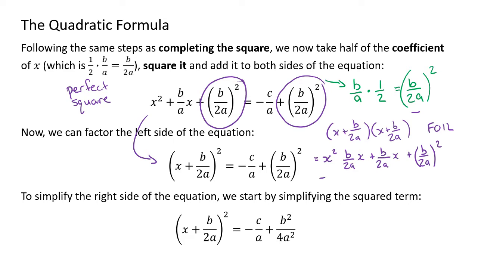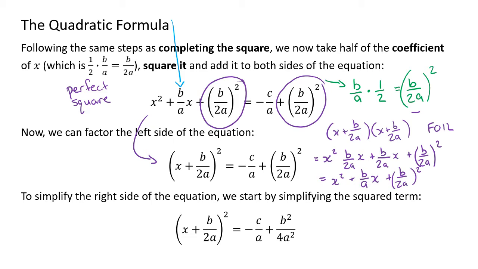So simplifying this, you get x squared. Adding these two terms, you're adding b over 2a and b over 2a. That just becomes b divided by a, because you're adding two halves together, plus b over 2a squared. Okay, so you're arriving at the same solution you had, sitting here at the start.